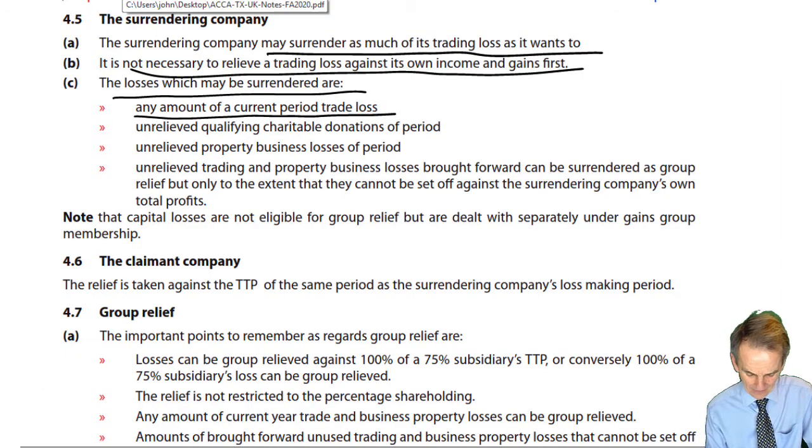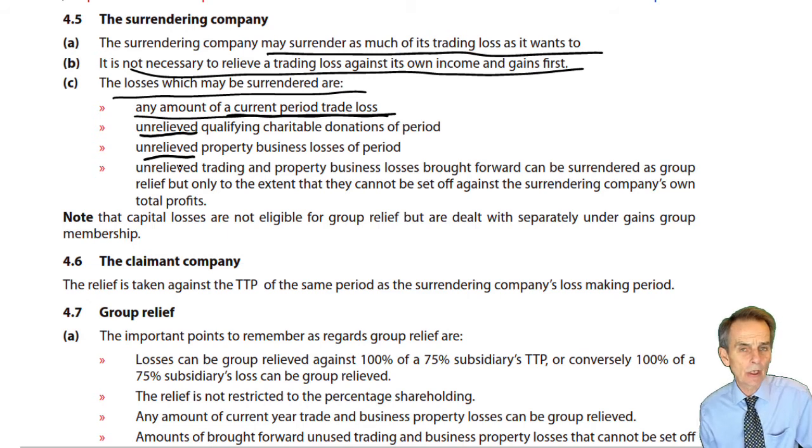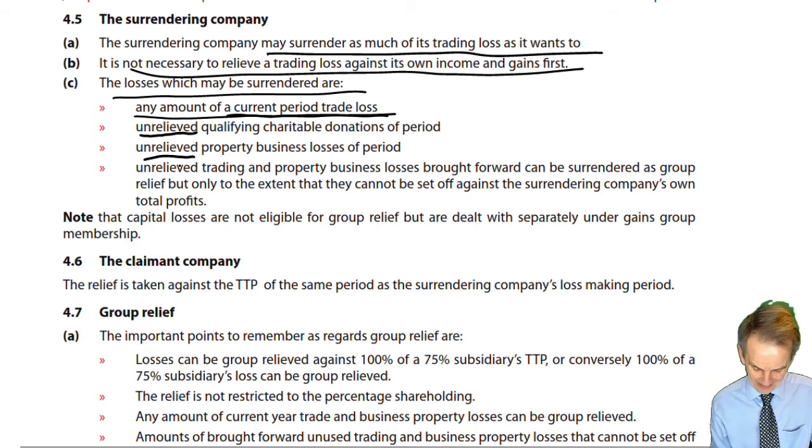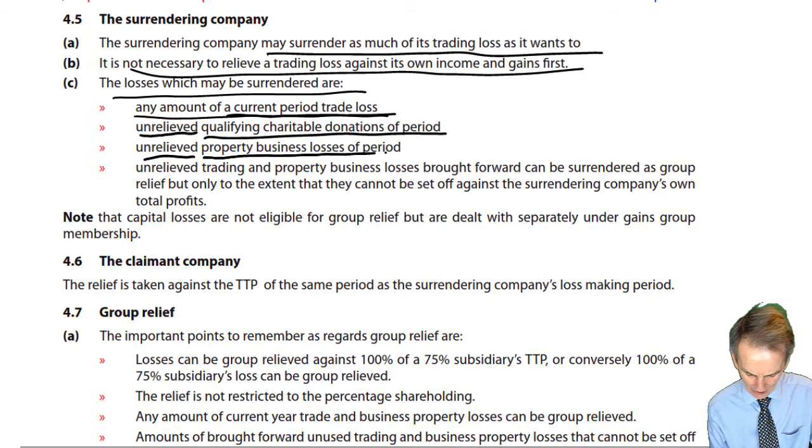Let's go back here. We've already seen any amount of a current period trading loss. You could also take, now we use the word unrelieved here. The word we used earlier, and is exactly the same here, is excess. Any unrelieved qualifying charitable donations of the period, any unrelieved or excess property business losses of the period.